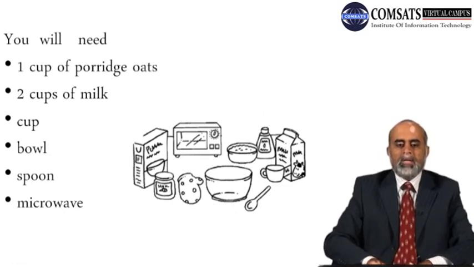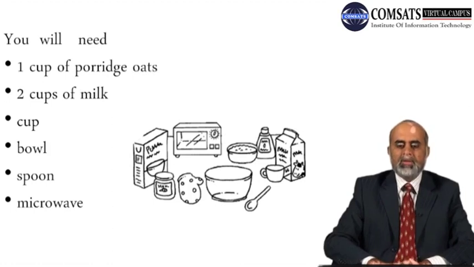Instructions normally have two sections. So we are looking at the first section, which is "You will need". In this first section, we look at the material required to perform this task, to make porridge. We need 1 cup of porridge oats, 2 cups of milk, a cup, a bowl, a spoon and a microwave.